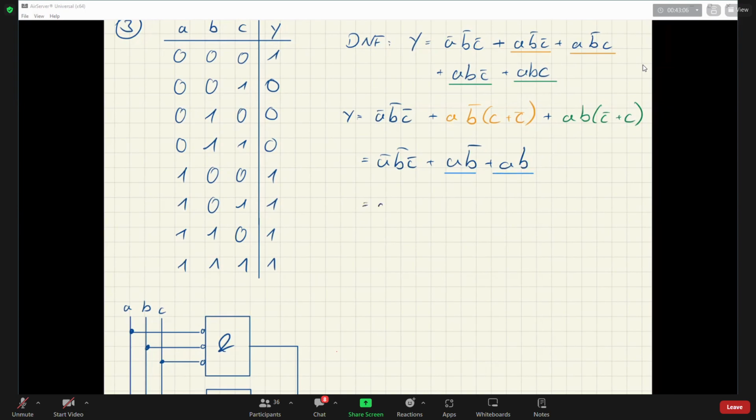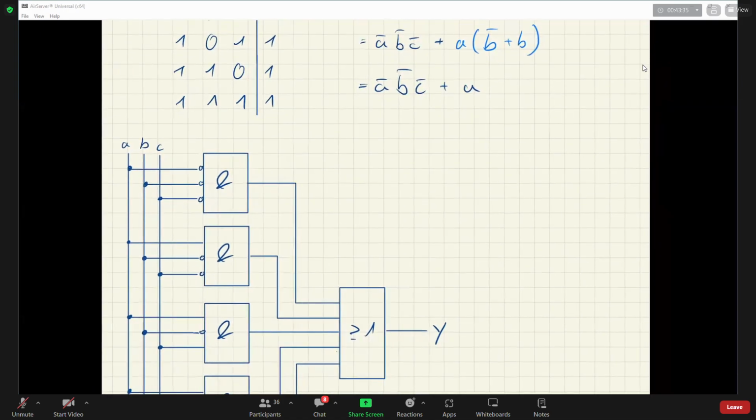And you are getting here A naught, B naught, C naught, or A, (B naught or B), which is just A. So it is A naught, B naught, C naught, or A.